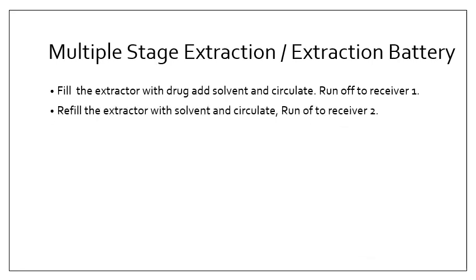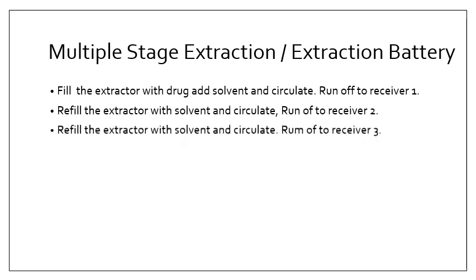Afterwards, again we take a fresh menstruum, refill the extractor and transfer that extract to the receiver number 2. Again, we take a fresh menstruum, move it through the extractor and transfer it to the receiver number 3.